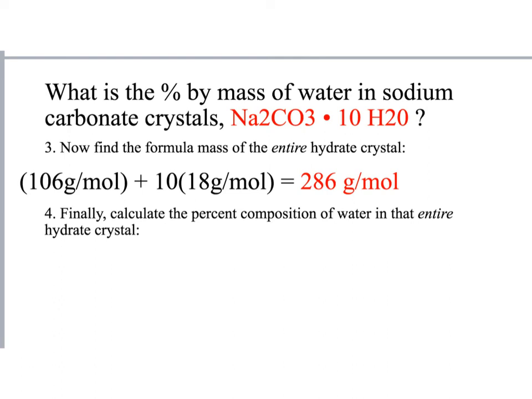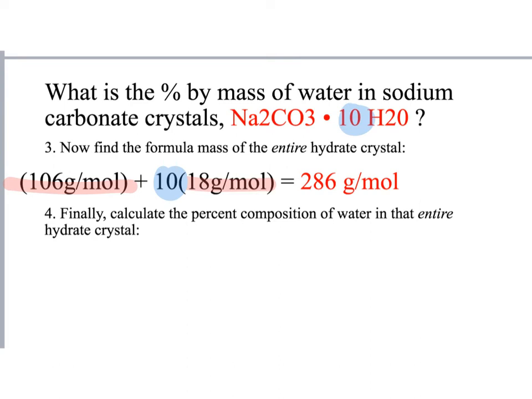You can then continue this by saying, now what is the overall molar mass of the entire hydrated salt crystal? So you're going to take the molar mass of the salt, and then you're going to take the molar mass of water and multiply it times the number of waters that you have.